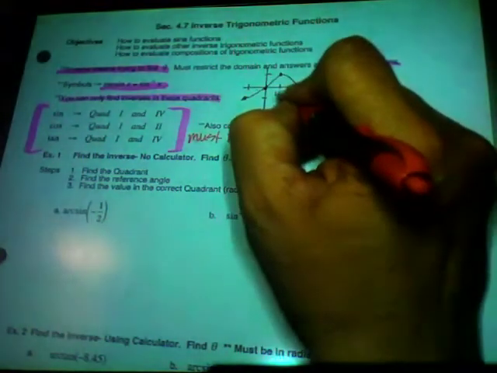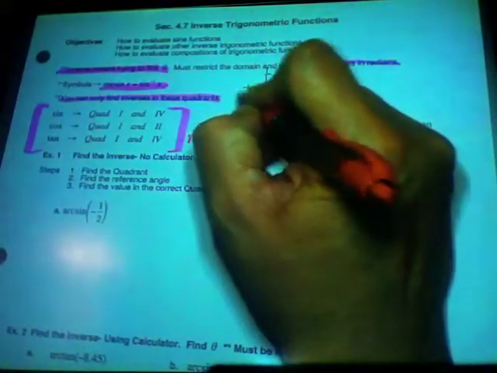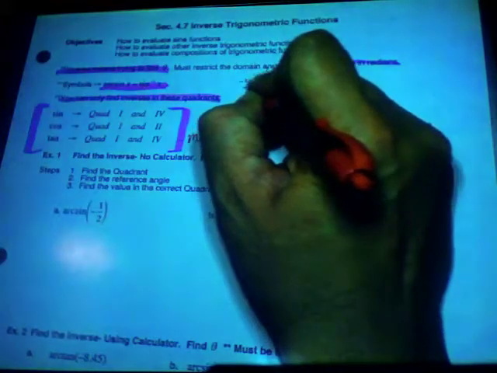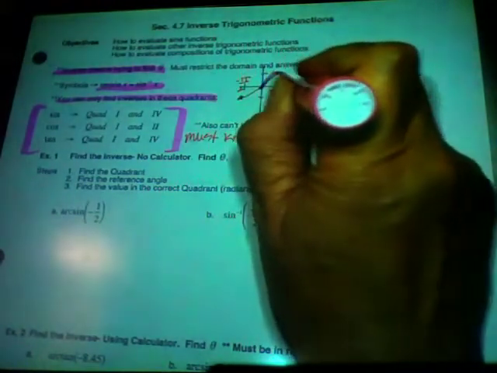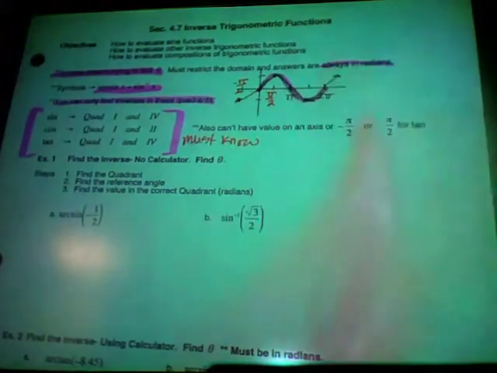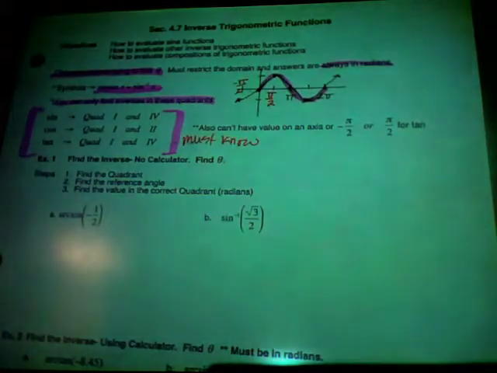So this is pi over 2, and this is negative pi over 2. And this is 1 revolution of pi. 1 period.